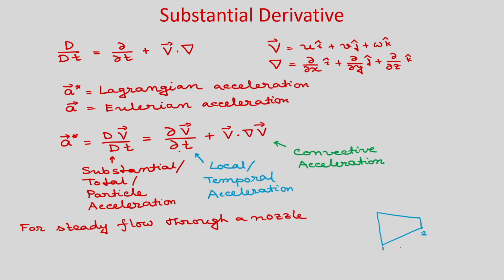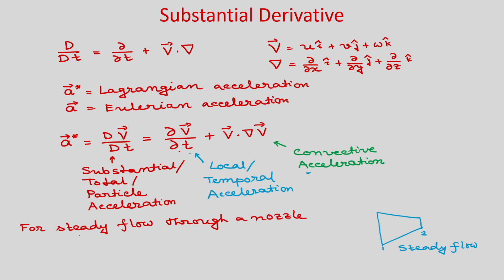In this particular case, although it is a steady flow, but as there is a spatial change in the velocity, so there will be a convective part, right, which is not 0 although it is a steady flow. So, first part which is your local derivative, so that will be 0 and the substantial derivative will be non-zero.